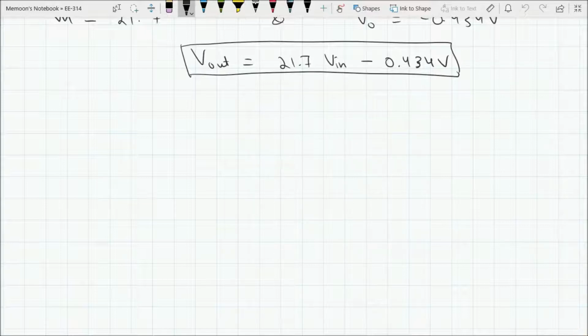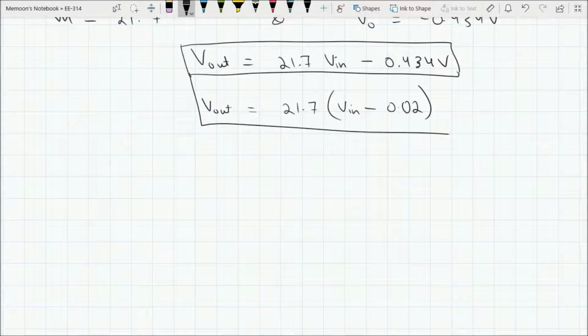Another way of writing this equation is V out equal to 21.7 into V in minus 0.02. Both these equations are the same. I've just taken the 21.7, the gain, common from the input and the offset.